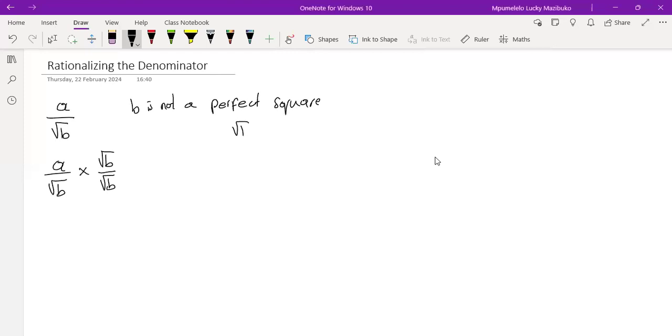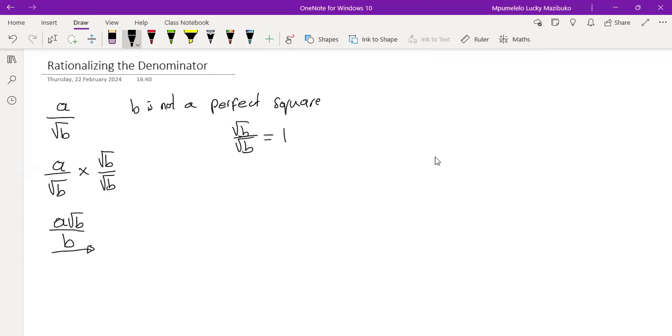Why? Because root of b over root of b is actually 1, so you haven't changed this particular expression at all. Then a times the square root of b will be a square root b, and square root b times square root b would just be b. So that would be one way of solving this.